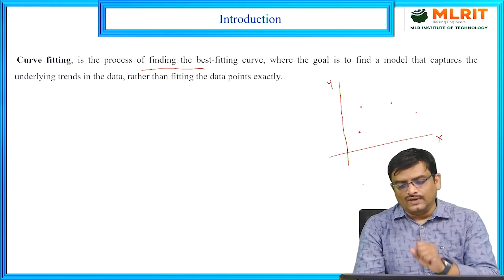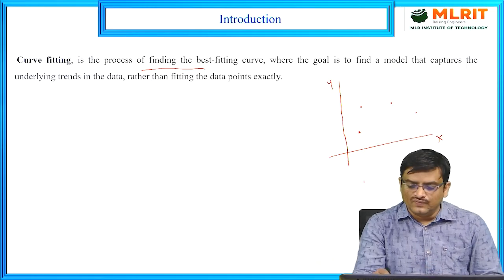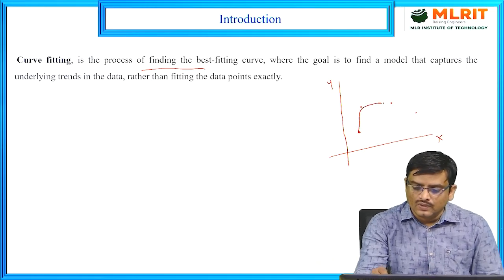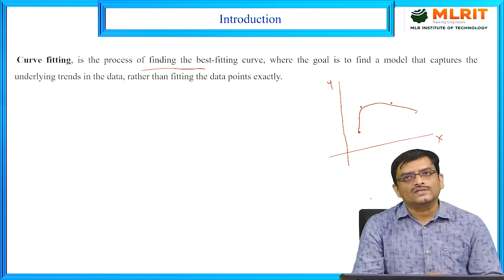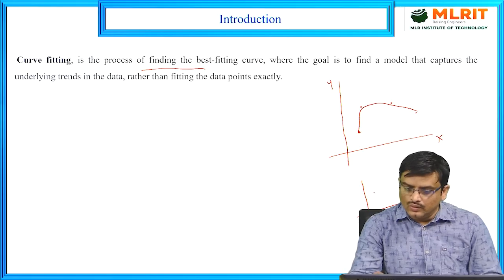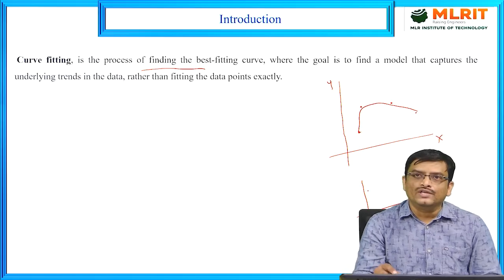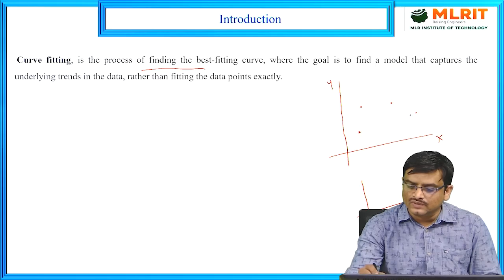Suppose for this data I want to fit a straight line. So if you join this data, we don't get a straight line here, you will get some curve, but I want a straight line. This is possible only by neglecting some points. Suppose if you neglect this point and this point, we will get one straight line.